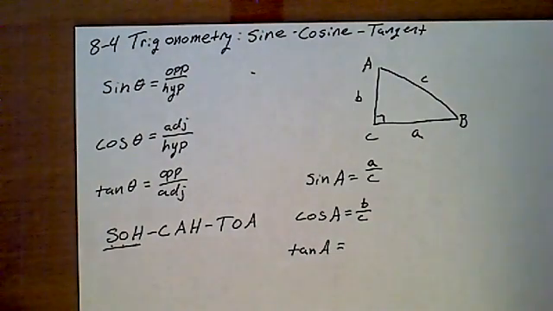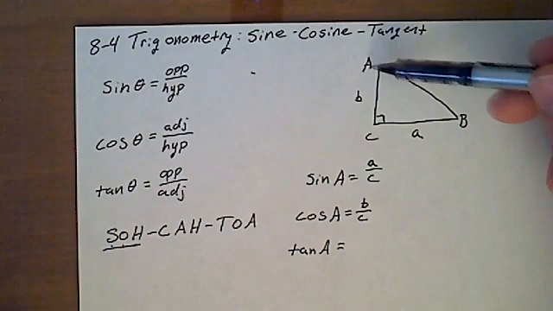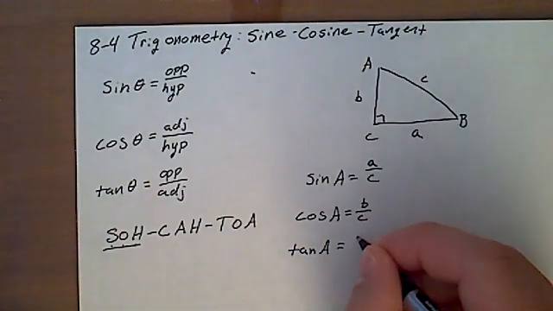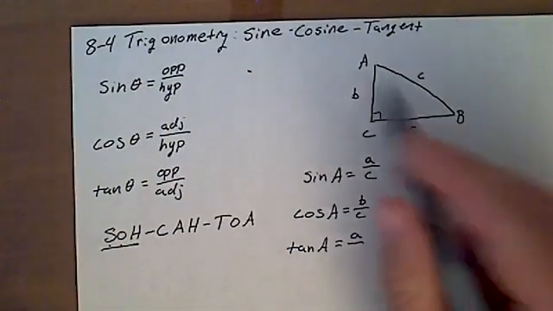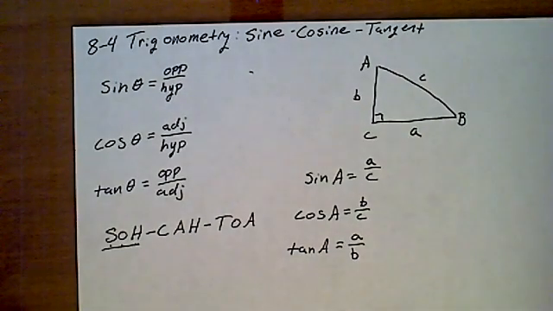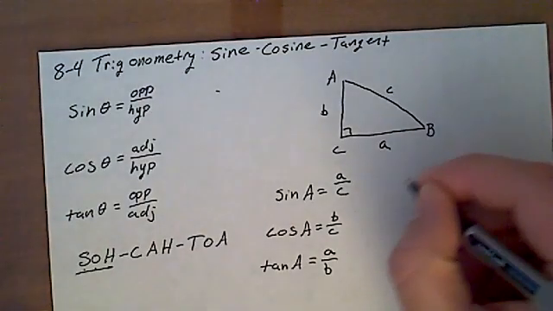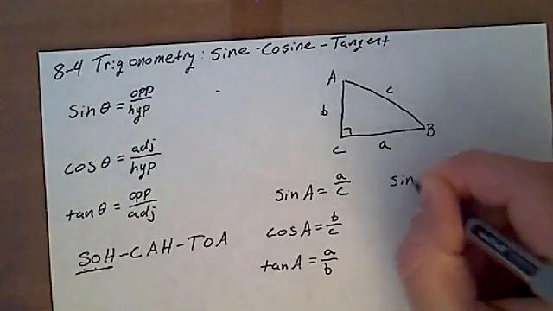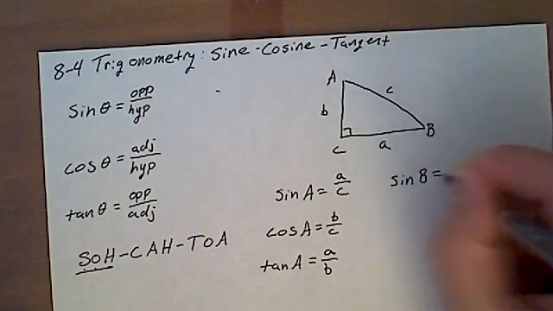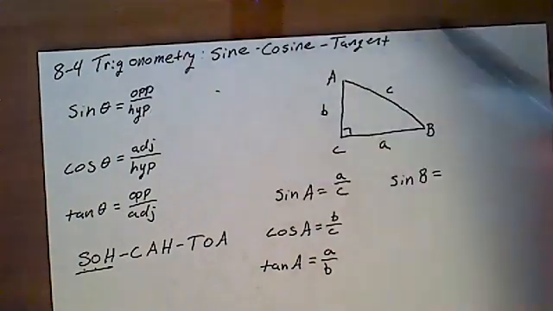And then we have the tangent of A, which is the opposite. The opposite side for angle A is A, and the adjacent is B. Okay. We can do the same thing for B. So the sine of angle B is, sine is opposite over hypotenuse.